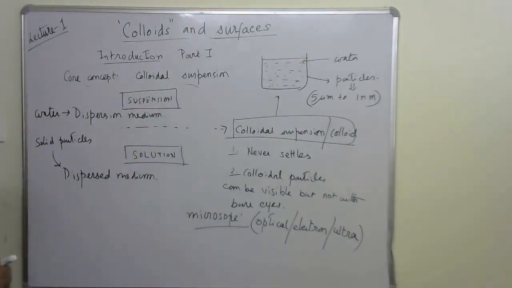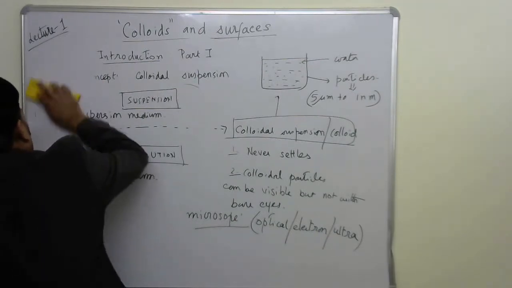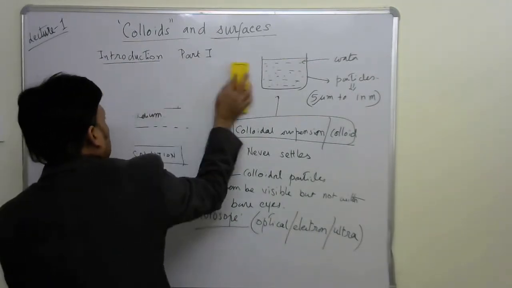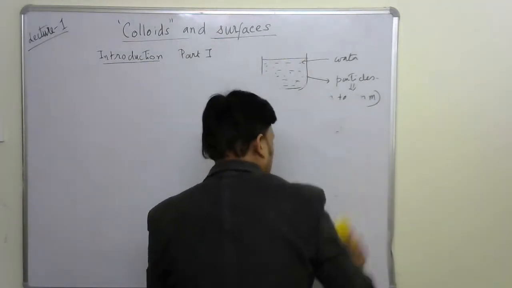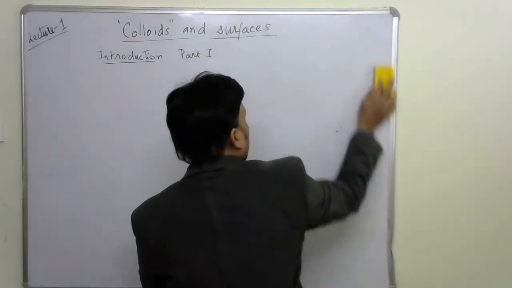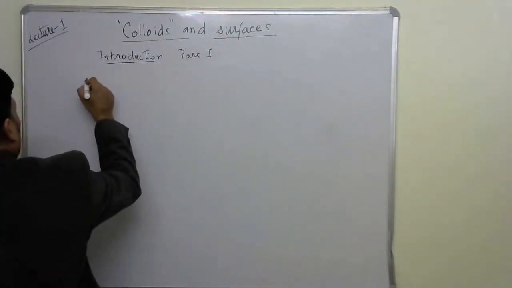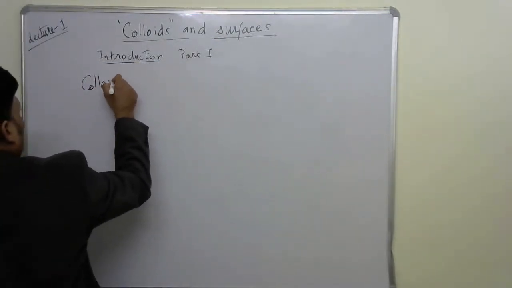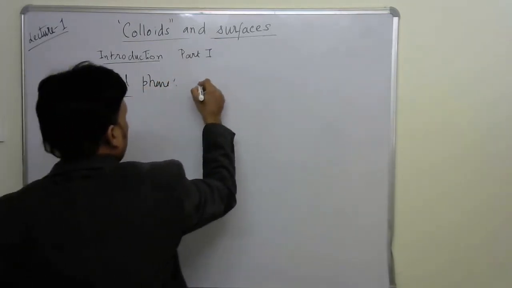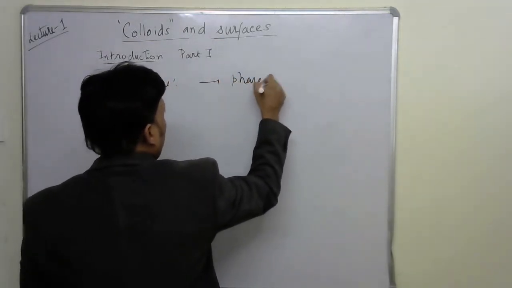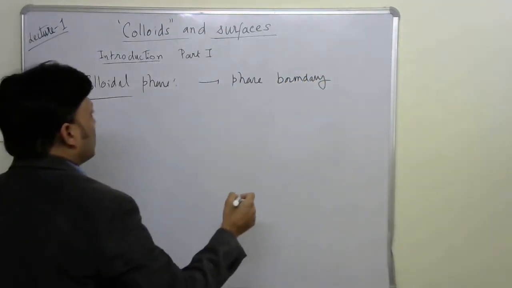Now we are getting some ideas. As I have already told you, in a colloidal phase there exist phase boundaries. Now it starts to get clearer to us.